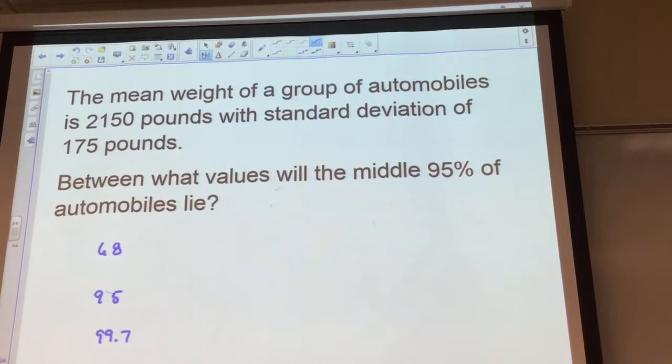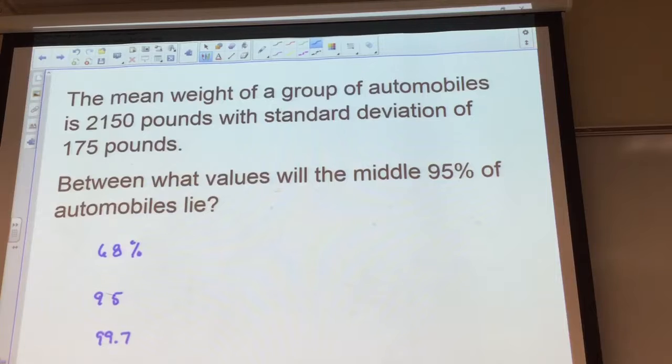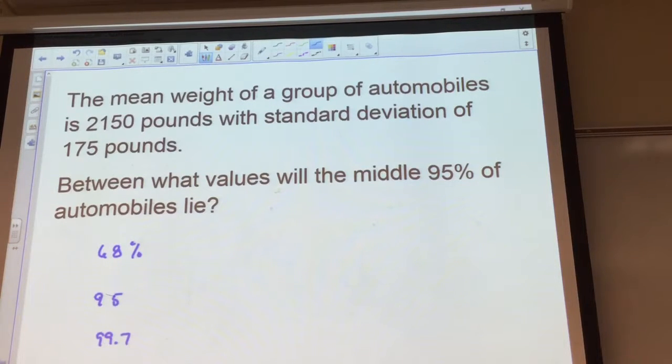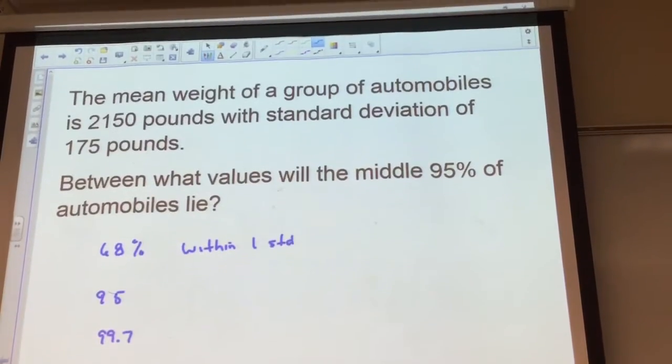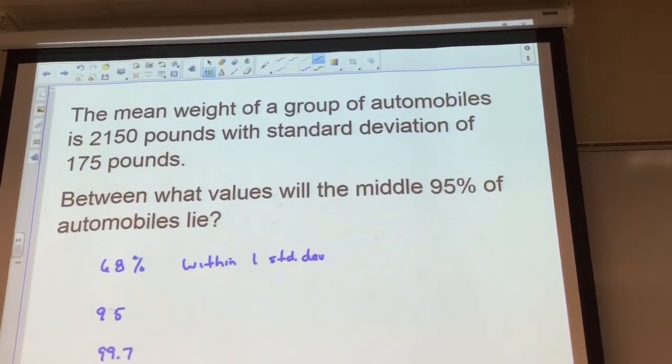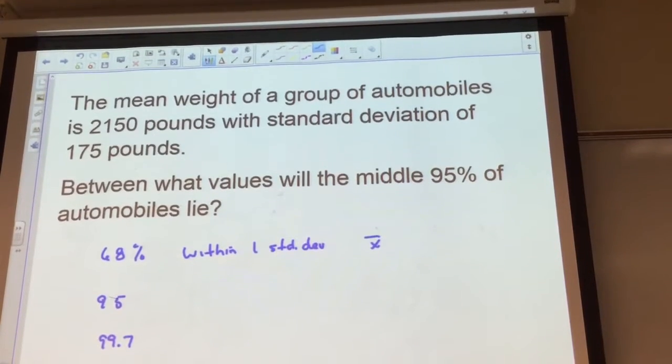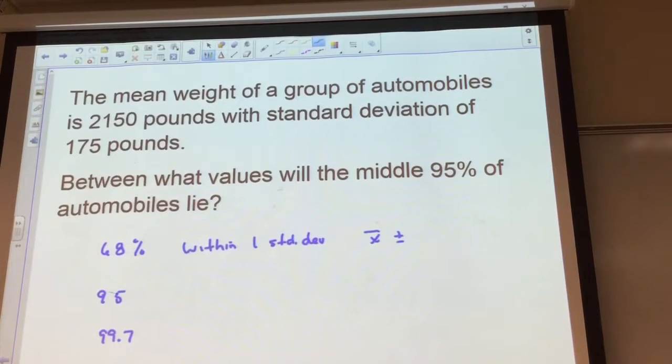What's significant about 68%? They're within one standard deviation, which means it's the mean plus or minus 1 S of X value. What's significant about 95%?